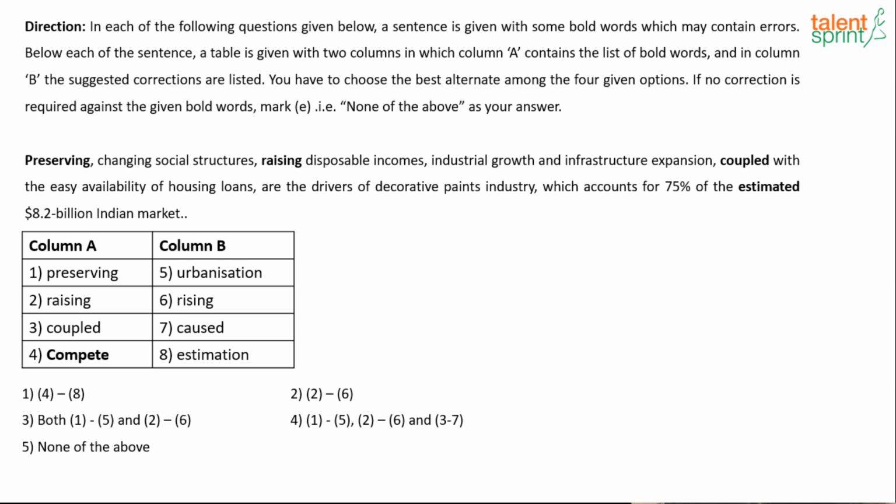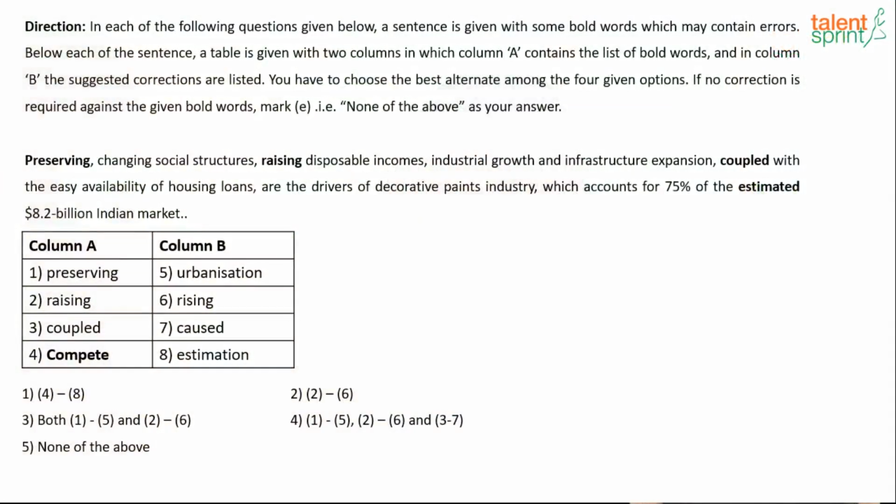So the words are preserving, raising, coupled and estimated. Now, it's not just word usage type of error that you will be seeing. Like we saw in the previous question, there was a grammatical error, had changed to having. So any grammatical error also you are supposed to change into a different form.